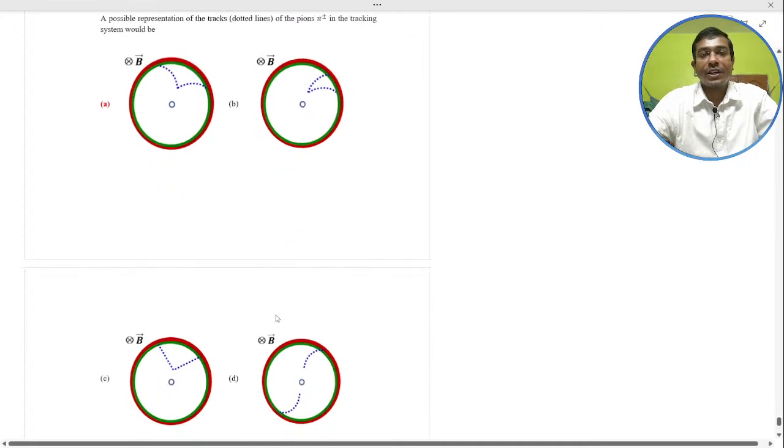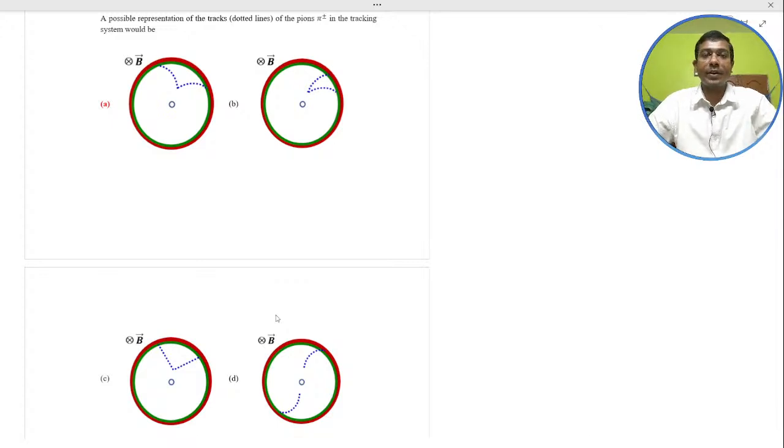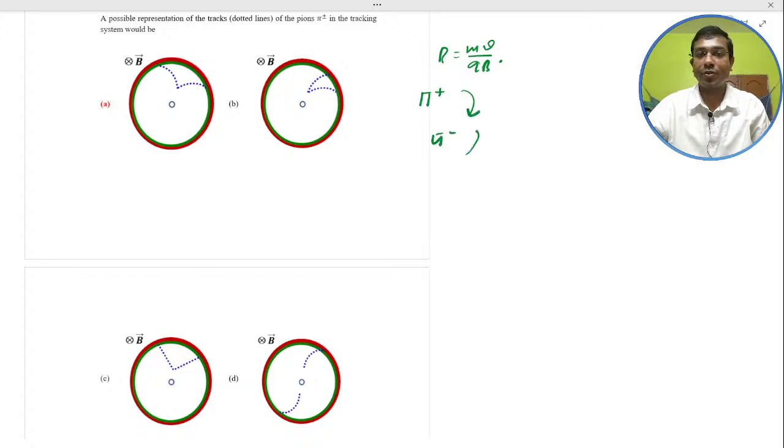This question is very long, 10 lines, but the answer should be very short, 2 or 3 lines. The radius of the cyclotron motion, r, is mv by qB. Since π⁺ and π⁻ are oppositely charged, they will rotate in different directions. If π⁺ rotates clockwise, then π⁻ rotates anti-clockwise, or vice versa.